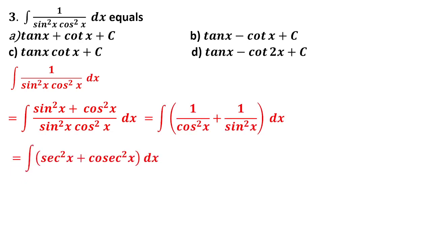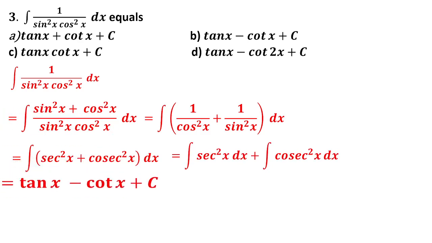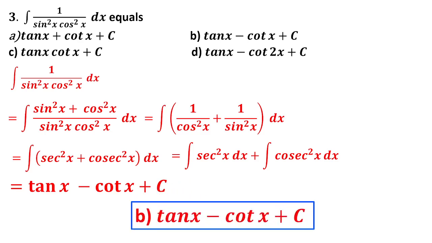Therefore it will be secant square x plus cosecant square x. Direct formula available, tan x minus cot x. This problem can be done by multiplying and dividing by 4 and all also you can do. But the final answer you should get, that is why I have done by replacing 1 by sin square plus cos square. Tan x minus cot x is the answer.